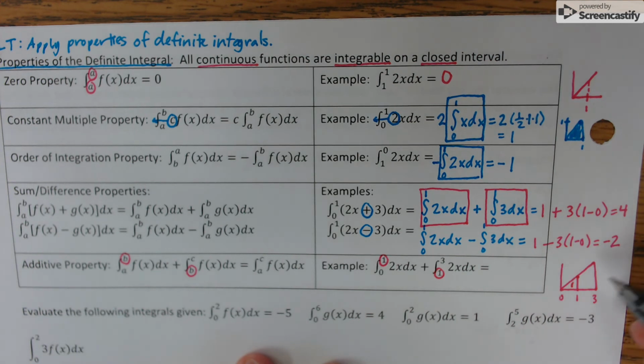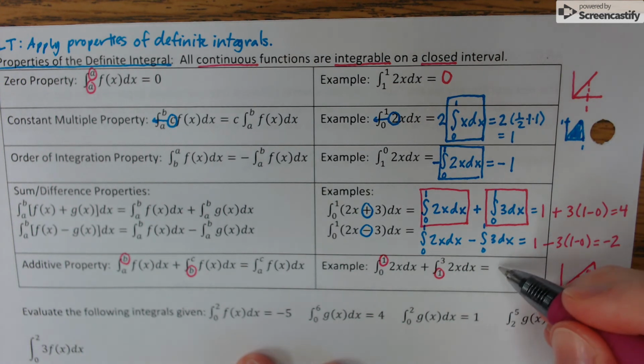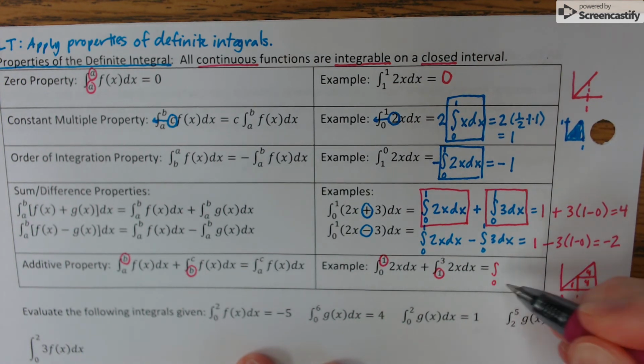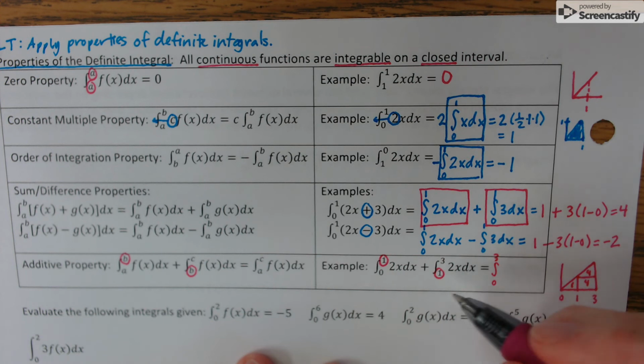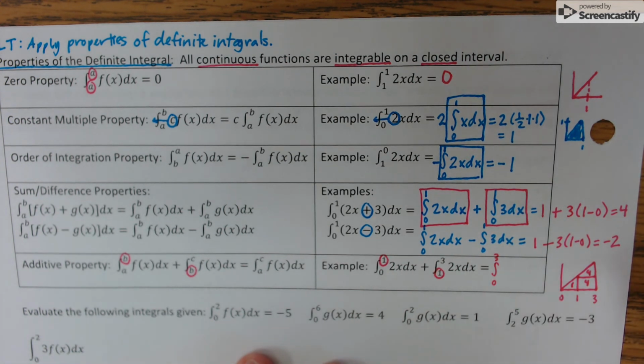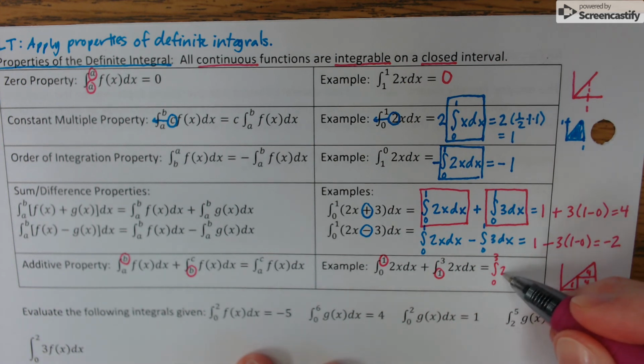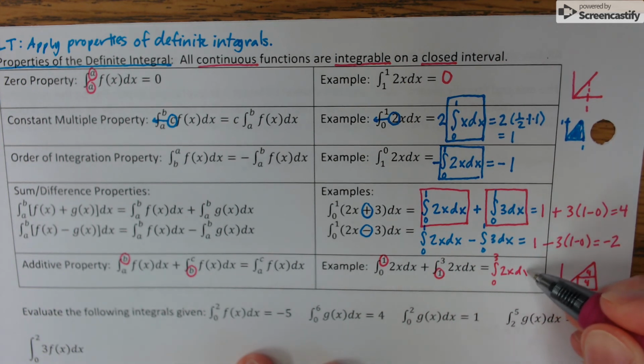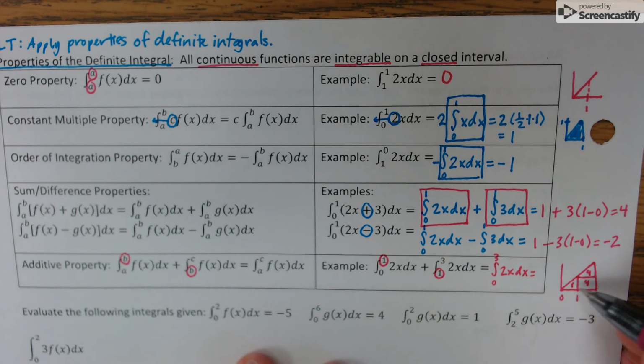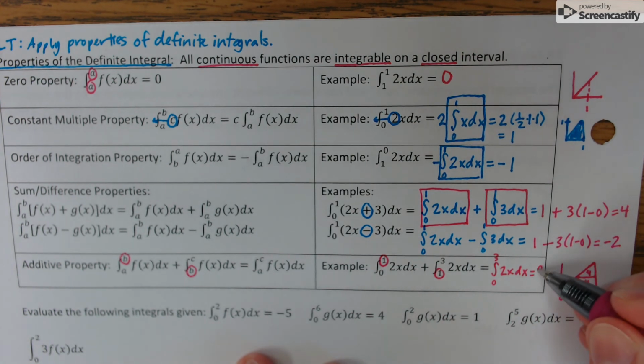And then if we add it to the area of 1 to 3, it happens to be a triangle of 4 and 4. So putting that together, I can eliminate that limit of 1 and just go from 0 to 3 of 2x dx. And that gives me the total area added together, which would be 9.